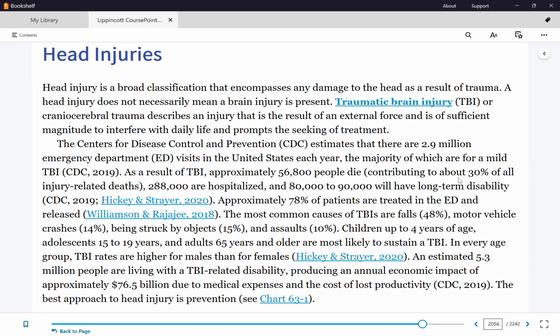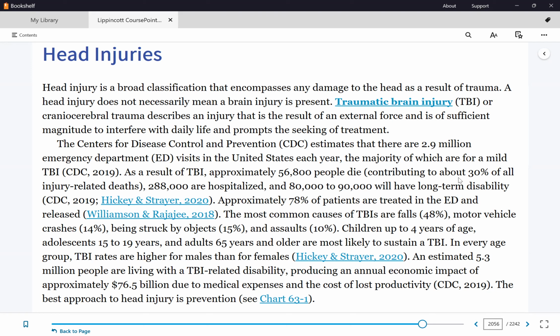Okay, so unlike stroke, this one will have a more severe increase in intracranial pressure because the trauma is sudden. And again, remember last week we talked about the 3 contents of the brain, and we used the glass of water as an example. That concept is called the Monro-Kellie doctrine.